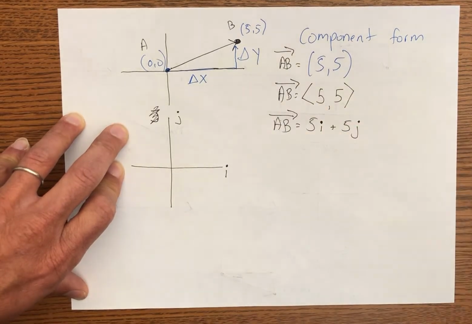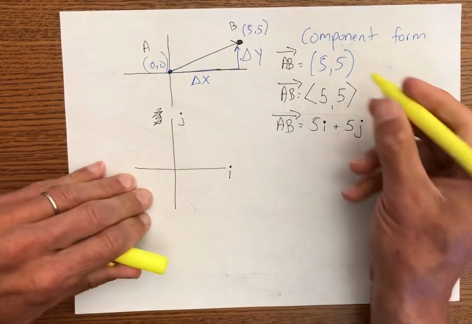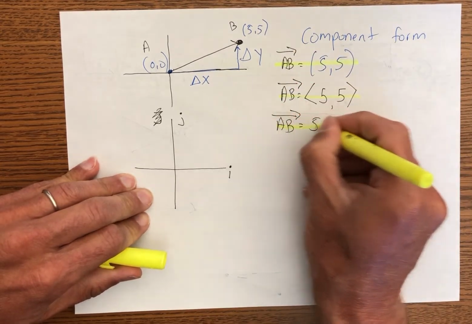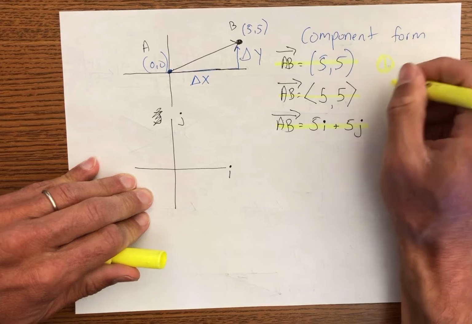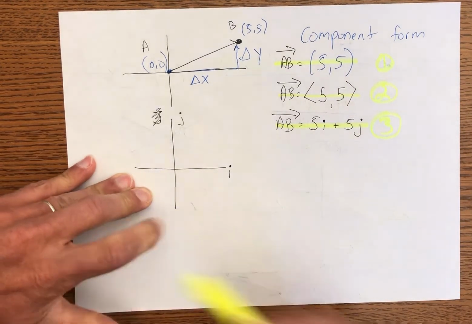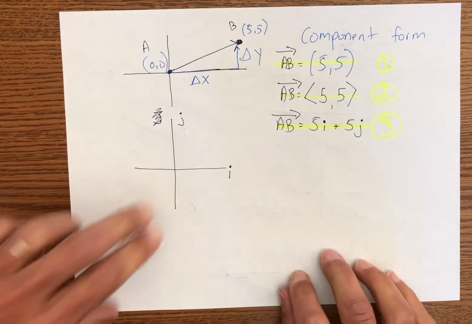All three of these are exactly the same. This is the same as this, which is the same as this. There's 1, 2, 3 ways to name component form.